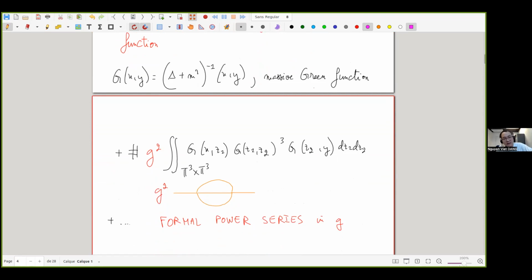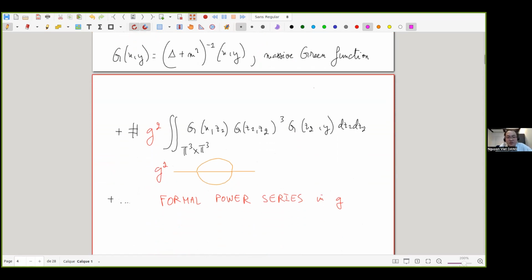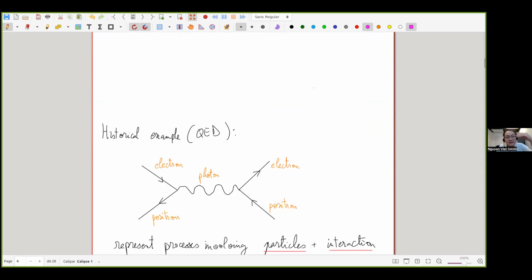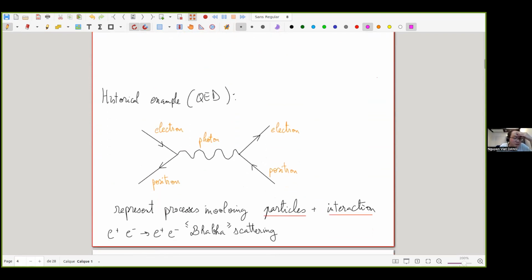In the next slides, I'm going to give a more rigorous definition of the Feynman amplitudes. I just would like to remark that these Feynman diagrams appeared historically in the study of quantum electrodynamics, which is the quantum field theory studying the interaction of electrons and photons.